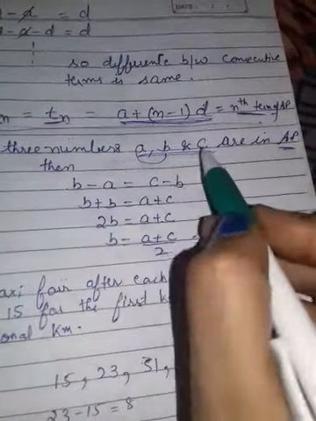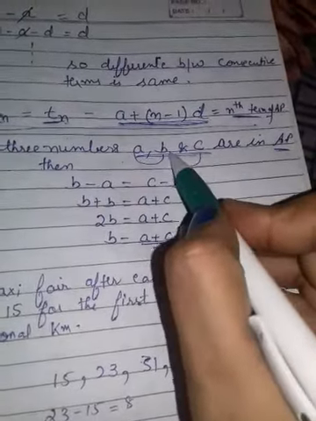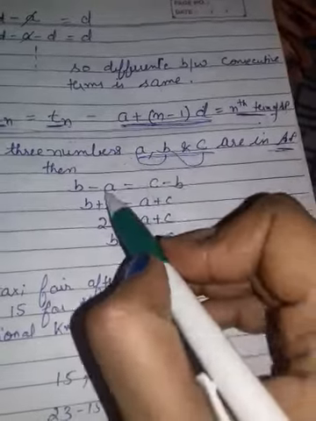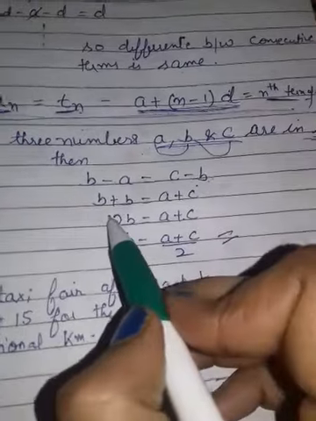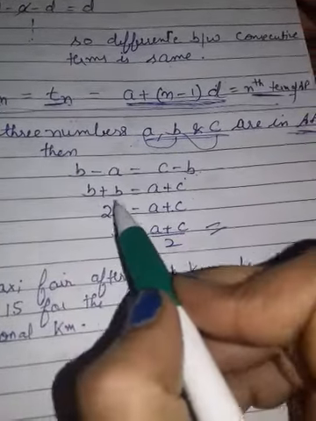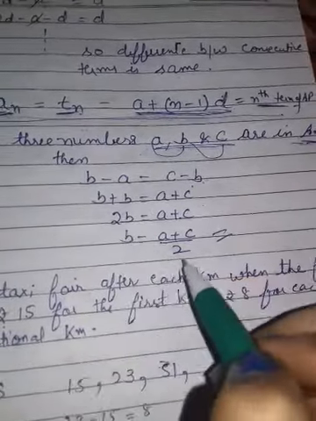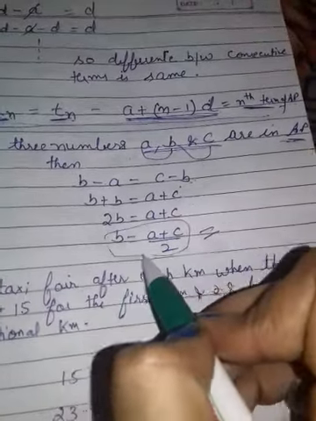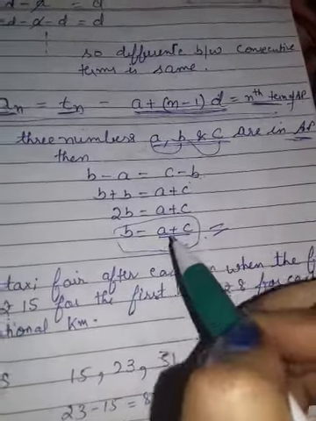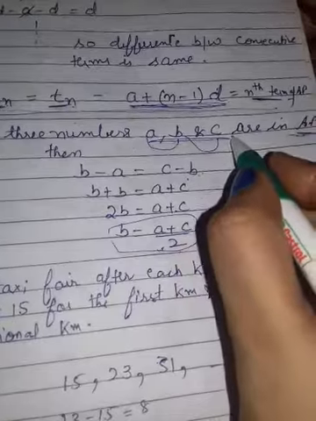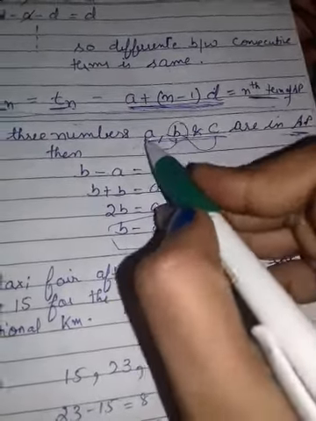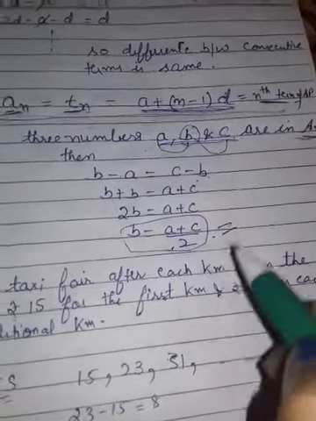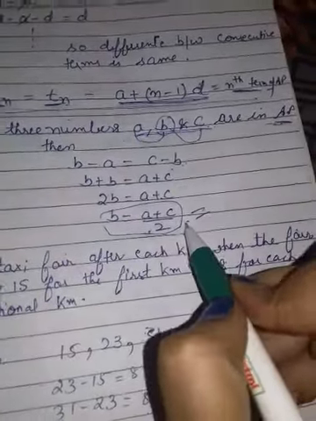B minus A is equal to C minus B, because it is AP, the difference between consecutive terms will be the same. So I kept B on one side and A and C on the other side. It will become 2B. So divide it, what are you getting? B is equal to (A plus C) divided by 2. So remember, whenever three terms are given in AP, you can write the middle term as the sum of the other two divided by 2. Directly you can use this result.